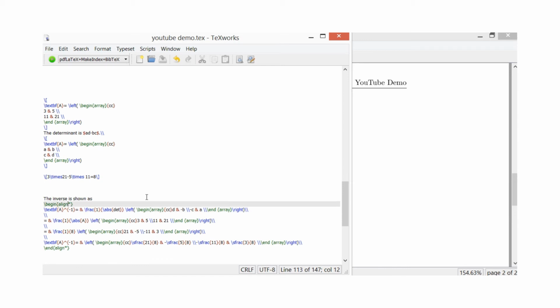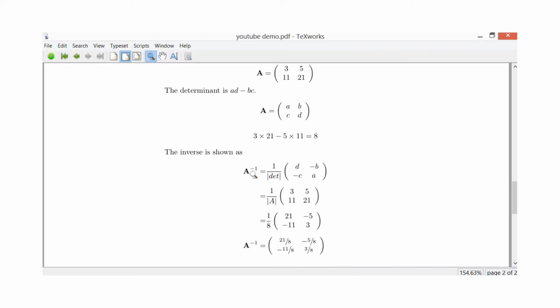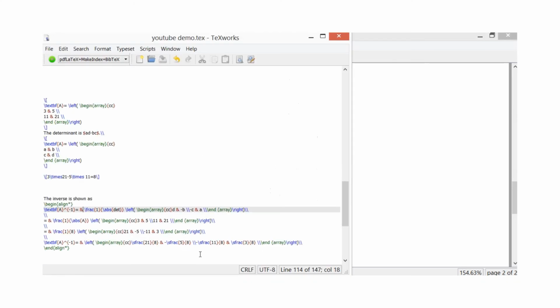So with this asterisk, that's what I get. So I've gone for textbf A, and then because it's inverse, I've gone to the power of -1 in curly braces, equals, ampersand. So let's just show you what that does there. So that's what I've got here. A to the power of -1 equals, that's how I've got to that stage there. And that lines everything up.